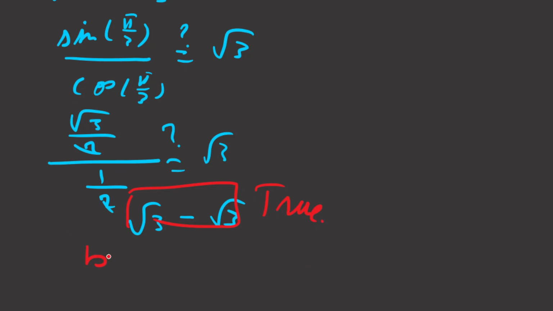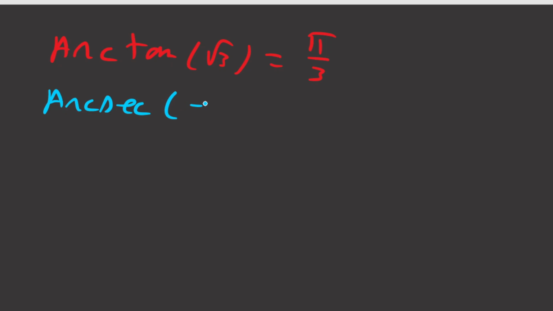So our angle b is equal to pi over 3. So to write down our formal final answer, arctangent of square root of 3 is equal to pi over 3. And we write that again, just not to forget, arcsec of minus 2 is equal to 2 pi over 3.